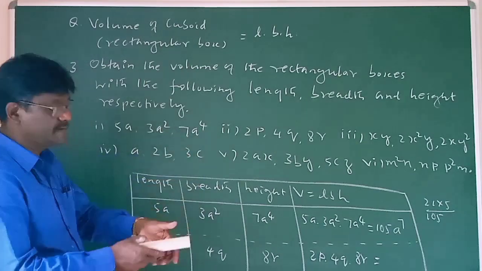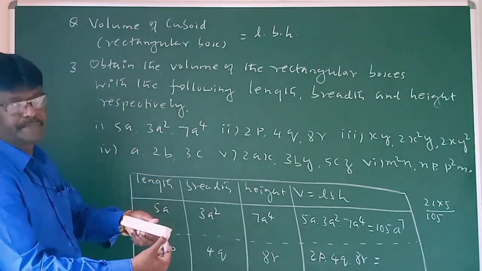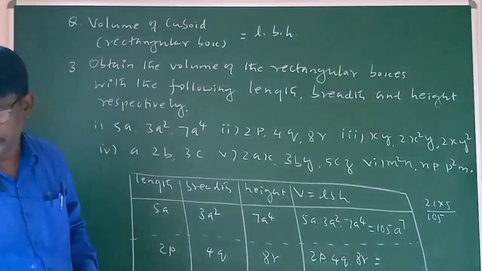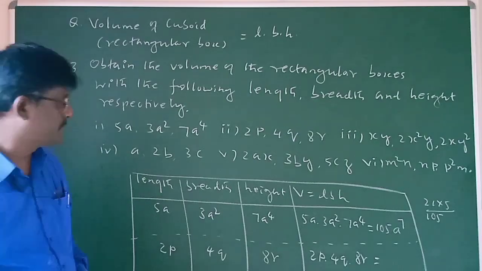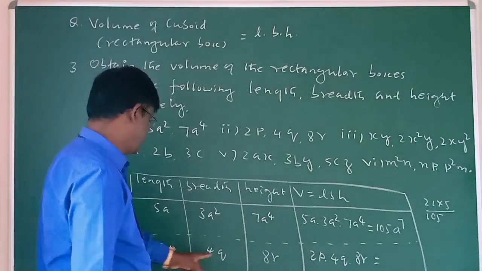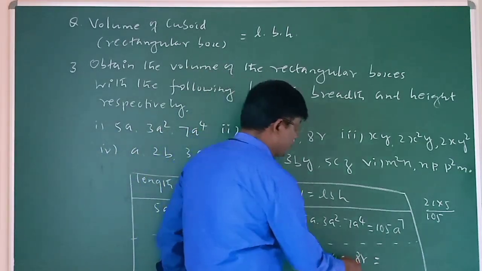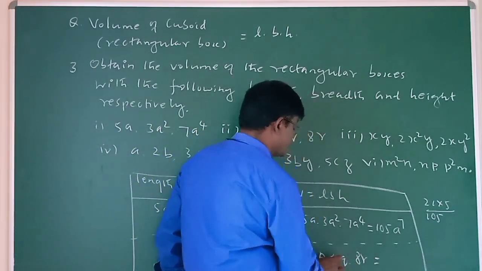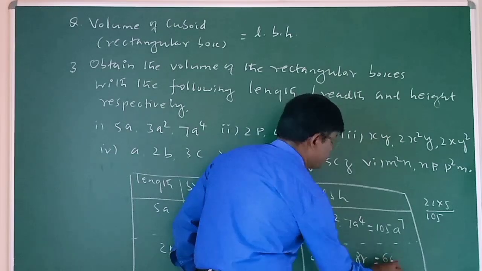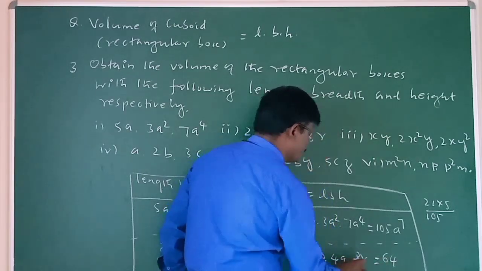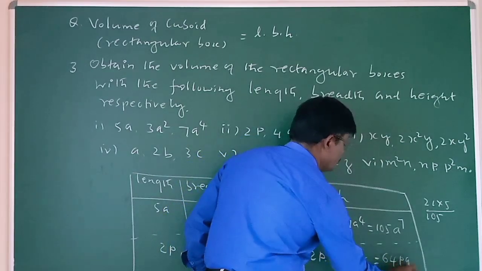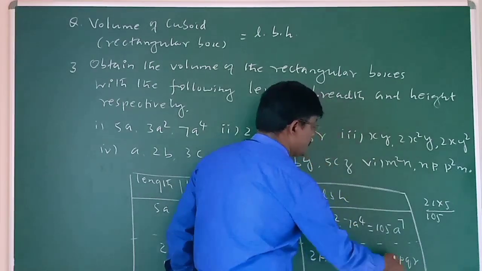What are all these? Nothing but lengths. That's why all are given positive only. Then the product will be positive. 2p, 4q, 8r. Plus into plus is plus. 2 4s are 8, 8 8s are 64. P into Q into R is PQR. So this is the volume.